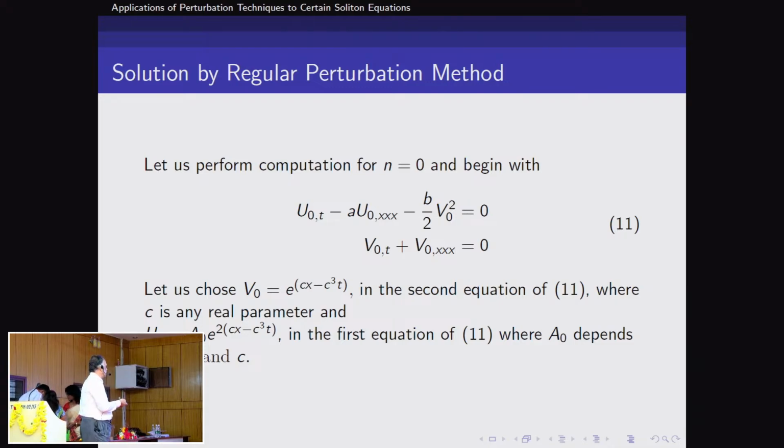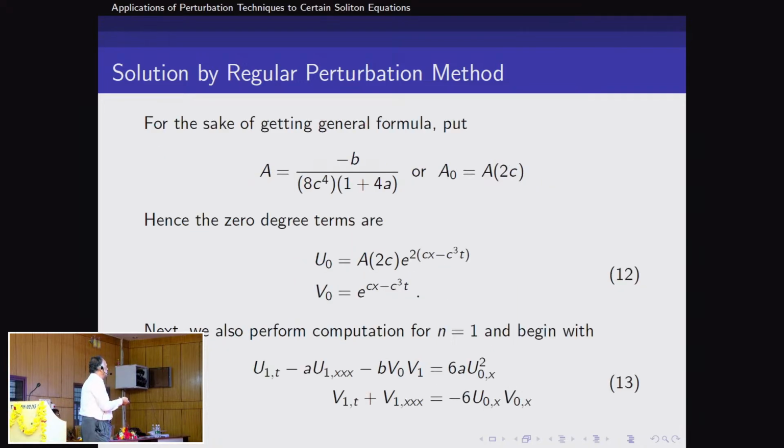V0 I have selected as alpha, cx minus c cube into t. So I can easily write it in this form, U0 and V0.